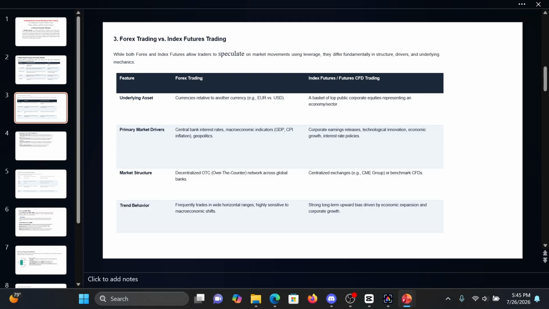So we look at the market structure: decentralized, or over the OTC, which means over the counter, network, global cross banks. So this is traded over the counter, and you find that it's decentralized. That means no one really controls the forex trading market. At the futures, you have a centralized market.